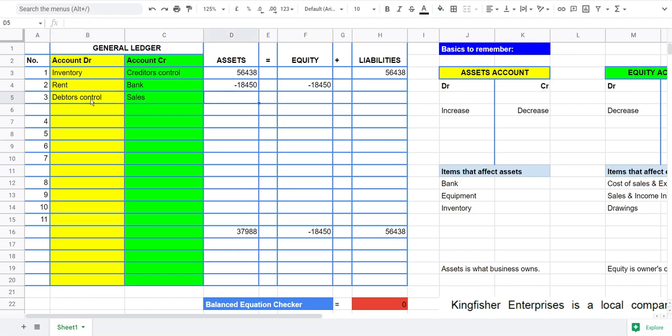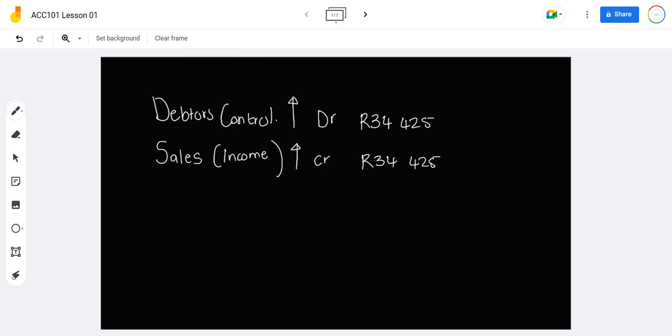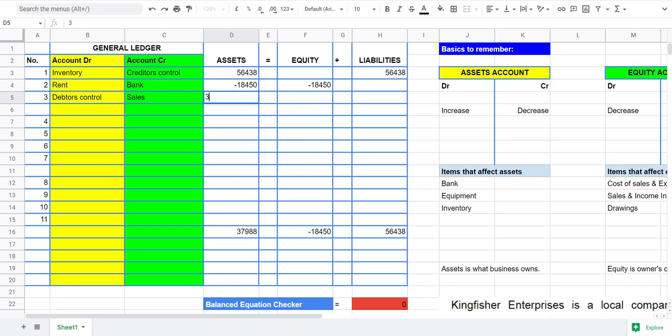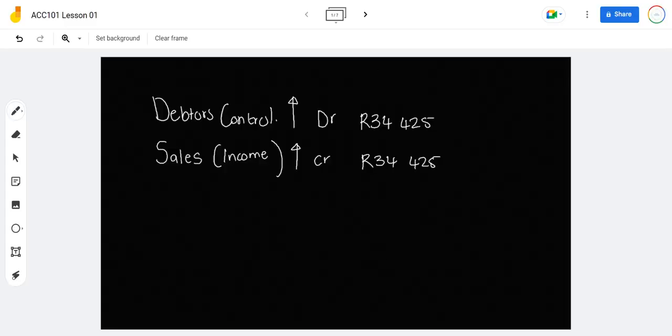Okay, so we're going to have there 34,425. You will see that the balance equation checker is still 0. So it means everything we have done so far is correct. But then you're not done yet with the transaction.